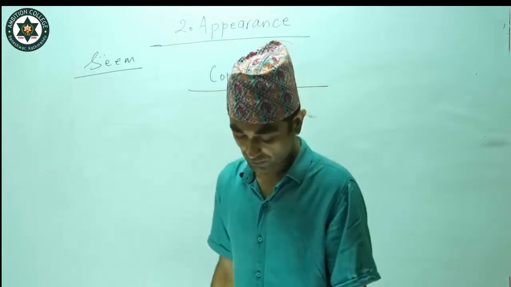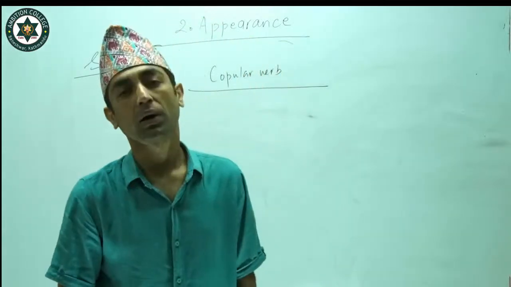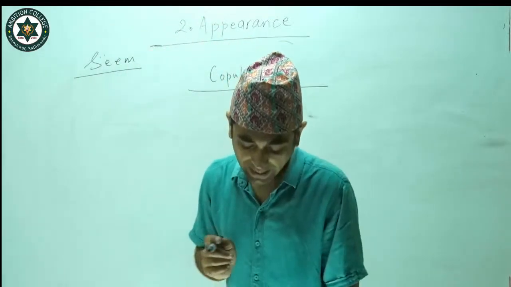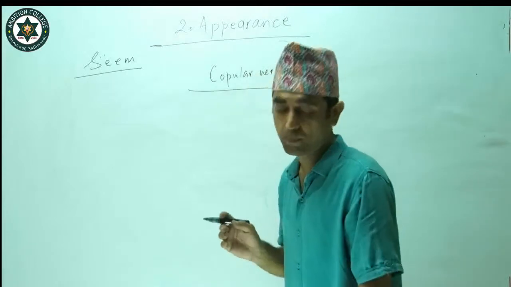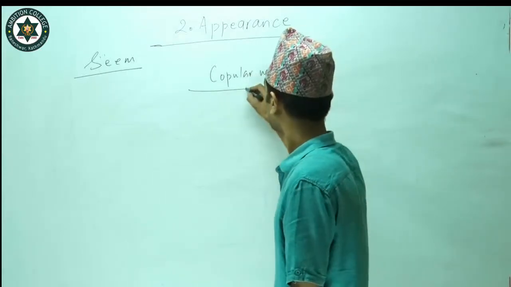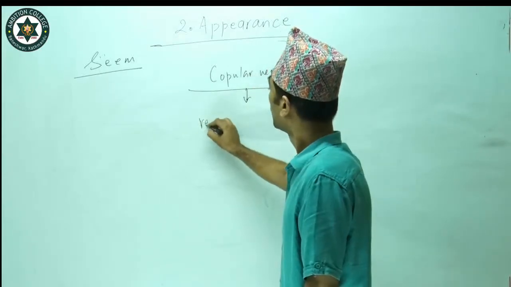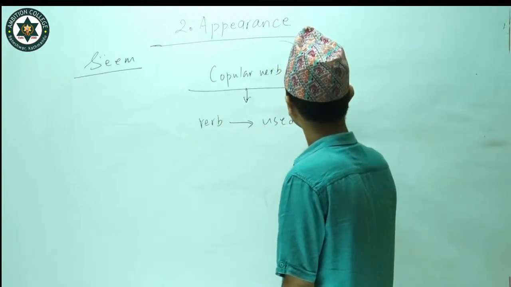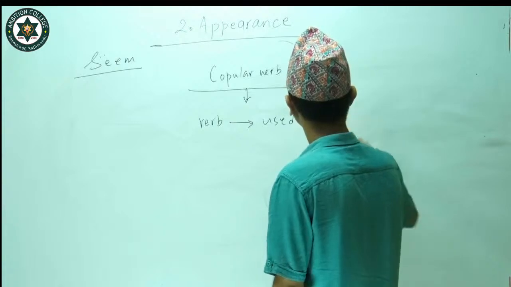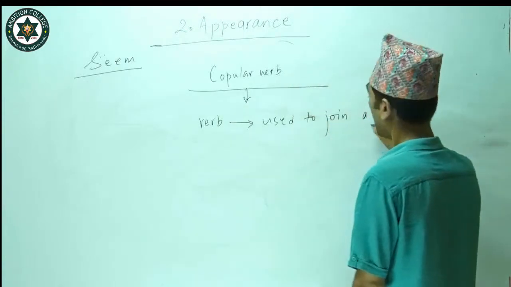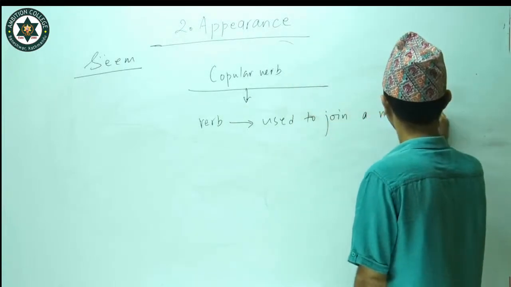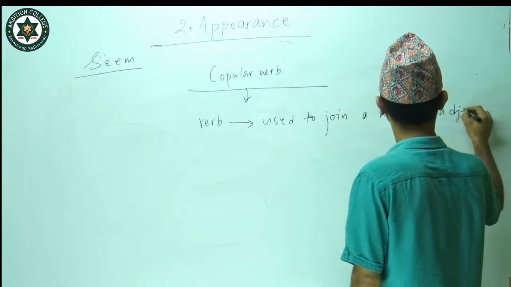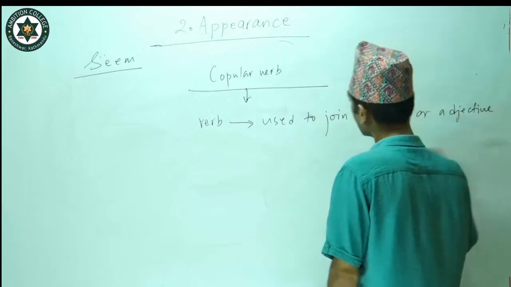What is a copular verb? It is a verb used to join an adjective or noun complement to the subject.